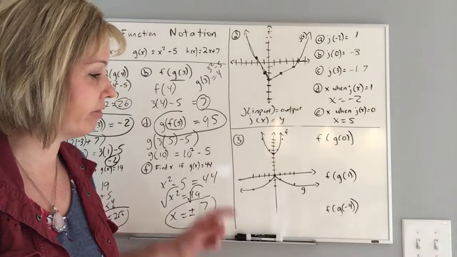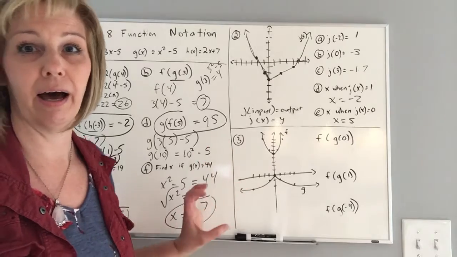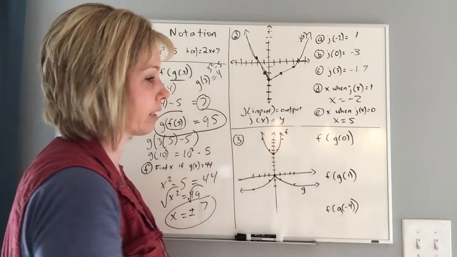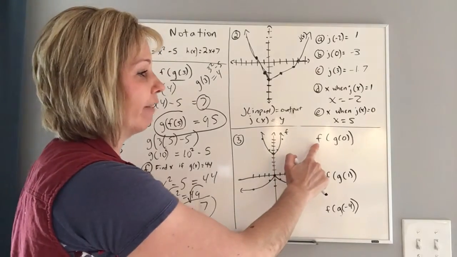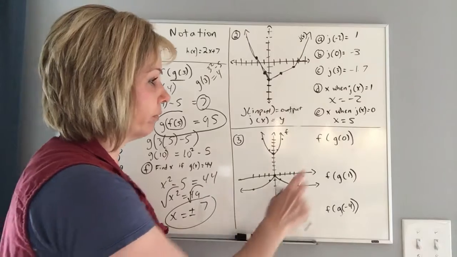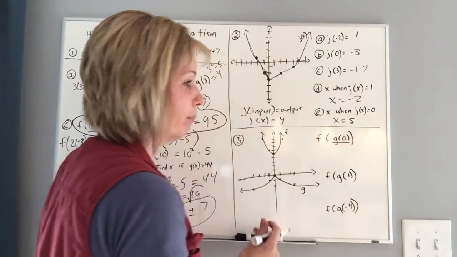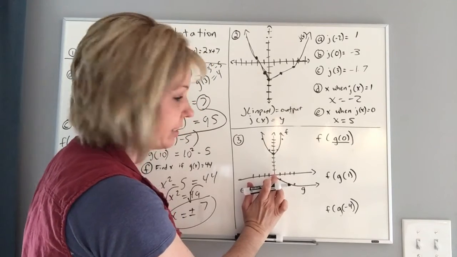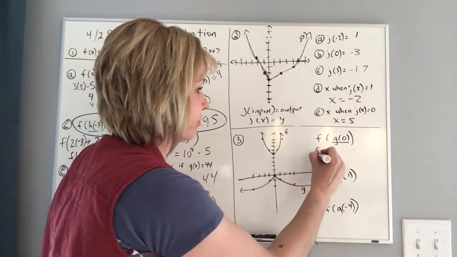Okay, so let's look at this. You're given this function for number 3. It's only asking for this part, but I'm going to go over a couple more as well. So it wants you to find f of g of 0. So first of all, again, remember you're finding the inside part first, g of 0. Well, when your input is 0, what's the output? Well, it's also 0.